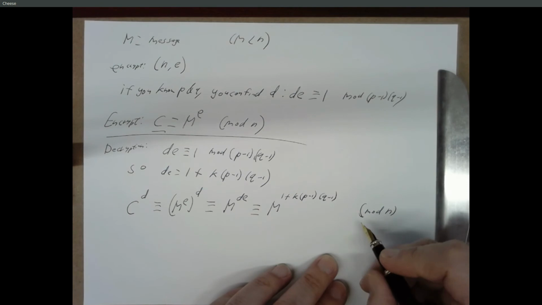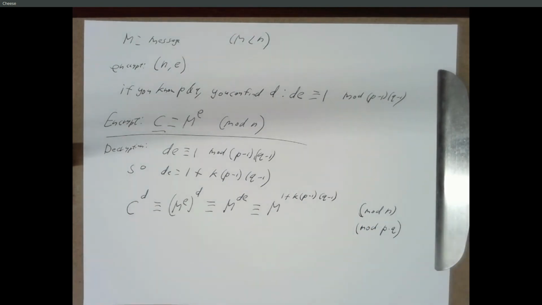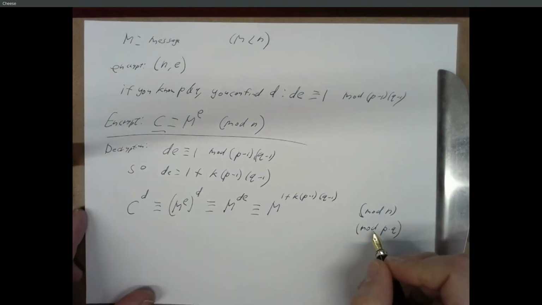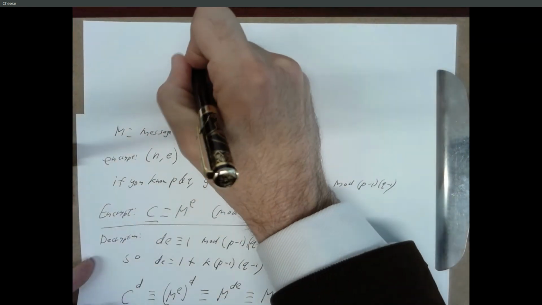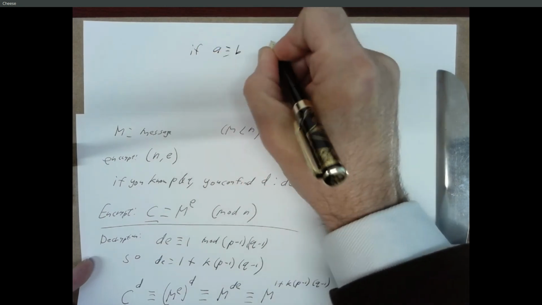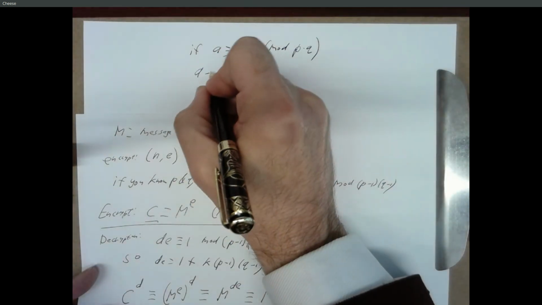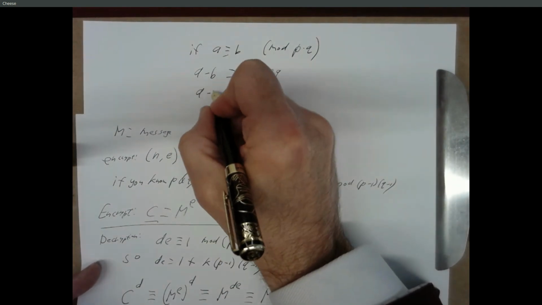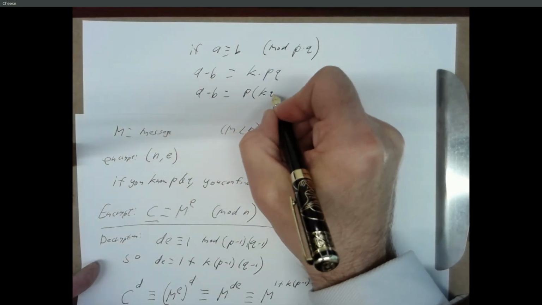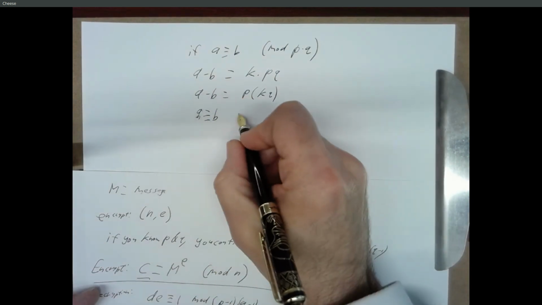Well, modulo n is also modulo p times q. So we need to make one observation here, and then we'll make another observation in a minute. If A is congruent to B modulo p times q, that means A minus B is some multiple of p times q, which means A minus B is p times some integer, which means A is congruent to B modulo p.